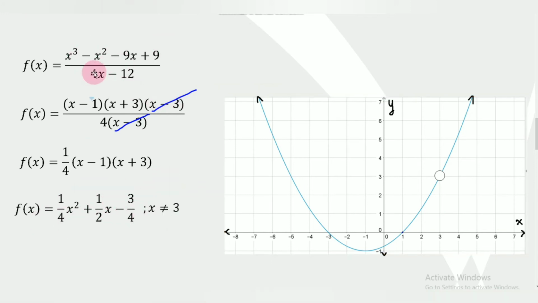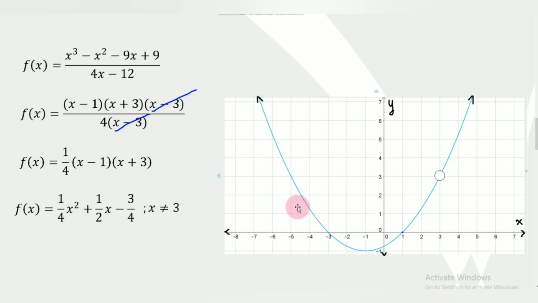Since if you put it into this one, of course, we will have an undefined value for y. So let's put it into this one and you will find that the value of y is 3 also. So the location is 3 comma 3. This is the location of your open circle. And yeah, this is the graph.